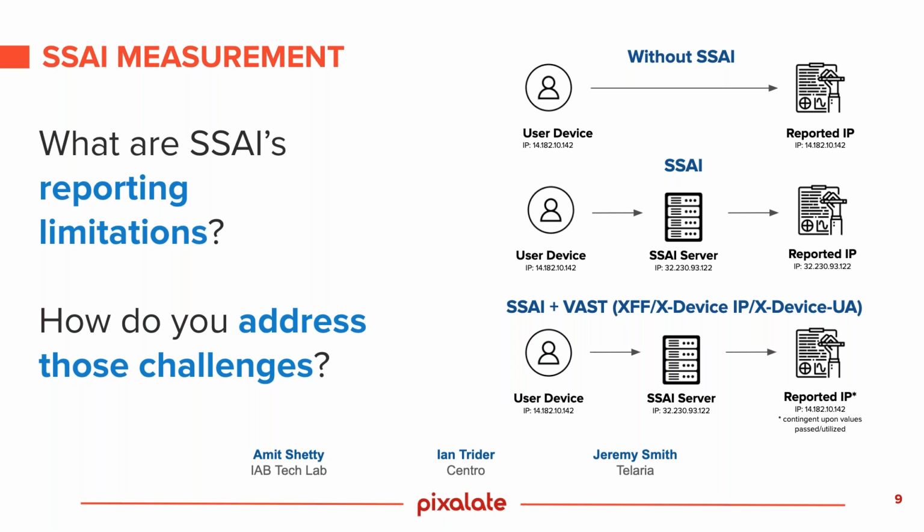One of the other things that we look at is, because we're kind of in a unique place where we see not only the impression pixel being fired, whether client-side or server-side, but we also see the request. So when we look at the request from the SSAI proxy, we then align that with the ultimate impression pixel. So we can make sure that the client-side information, again, IP and user agent, are both valid and match.